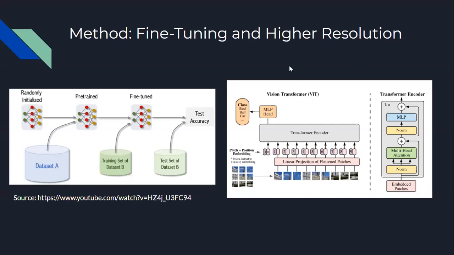So typically they pre-train the model with large data sets, which is data set A here. The model will be trained with the large data set, and this step we call pre-training.